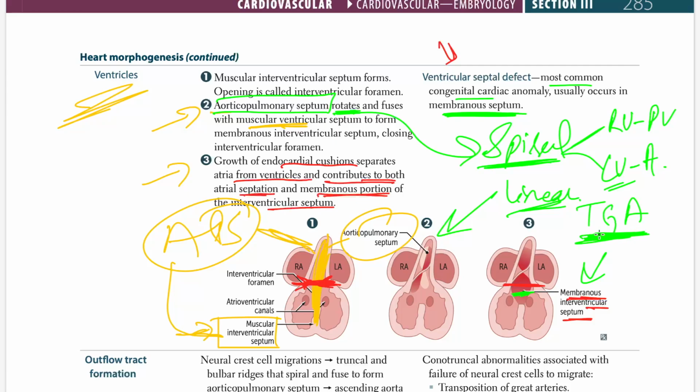That's going to lead to transposition of the great vessels, in which case from the right ventricle you will have the aorta, and from the left ventricle you will have the pulmonary artery because of the transposition of the great vessels. Okay, so that's what we have for that.